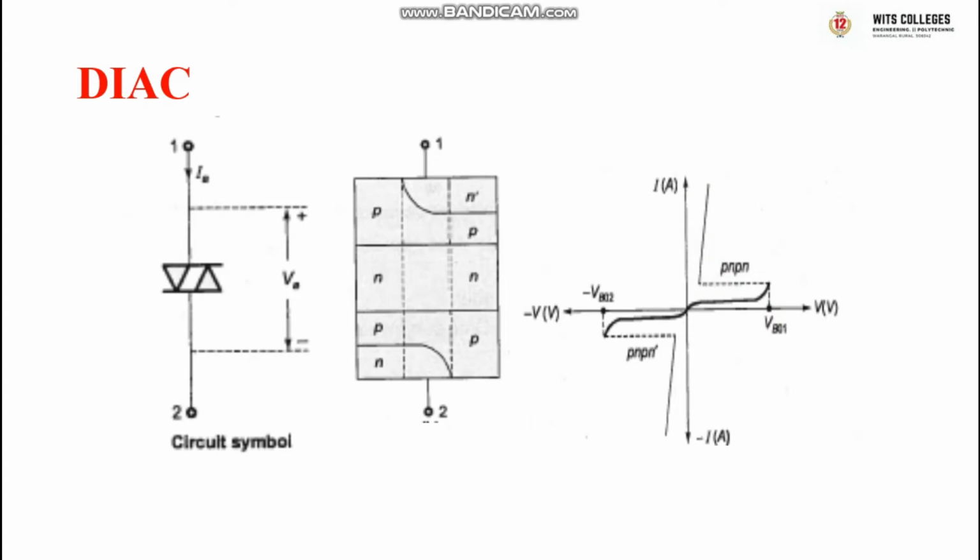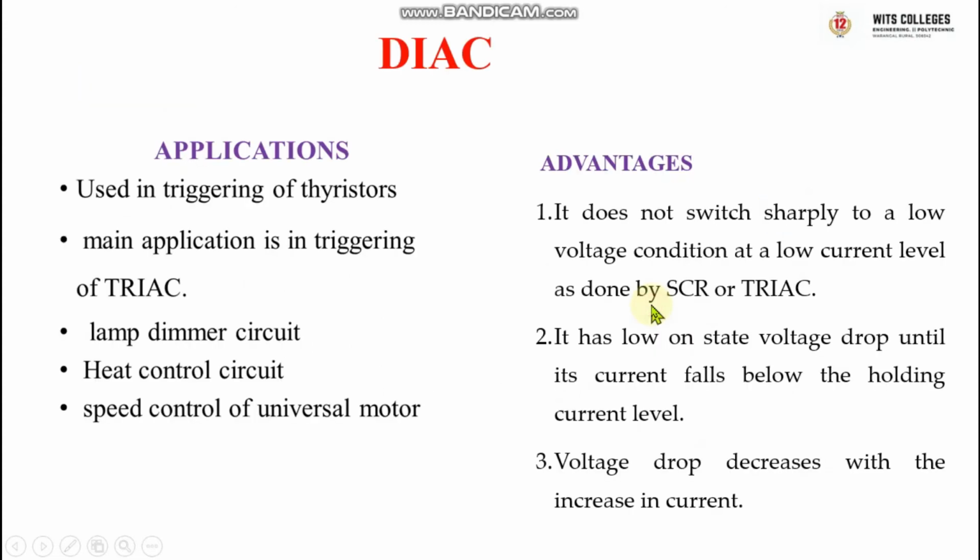Current flow is the same in both the directions, only the difference is this is the first quadrant operation and this is the third quadrant operation. Behavior is the same because the doping level in both the directions is the same.